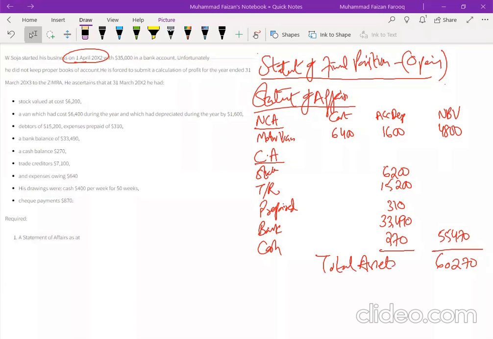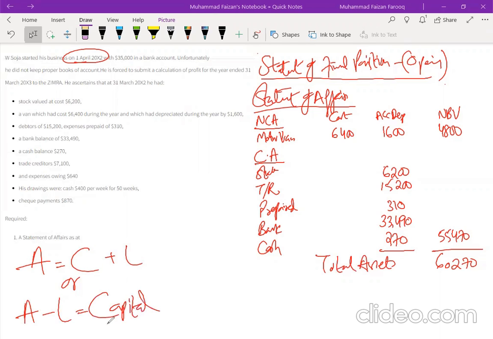In our earlier studies of accounting, we went through the accounting equation, which is assets equals capital plus liabilities, or assets minus liabilities equals capital. Earlier, when I started this video, I said statement of affairs is a technique to find out the capital balance and its breakups.